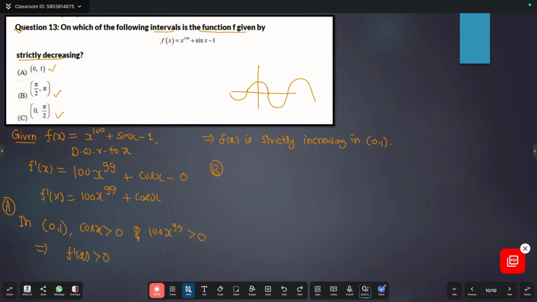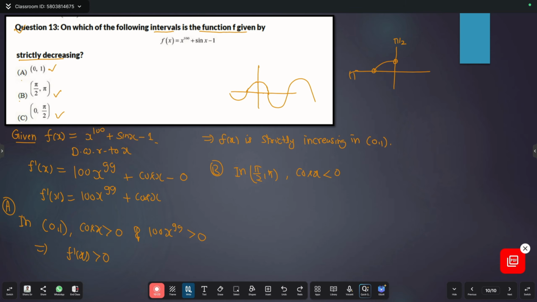B part, interval pi by 2 comma pi. Pi by 2 comma pi means, if you see, this will be pi by 2 here and pi here. This is the second quadrant. In the second quadrant, cos is negative, cos x less than 0.